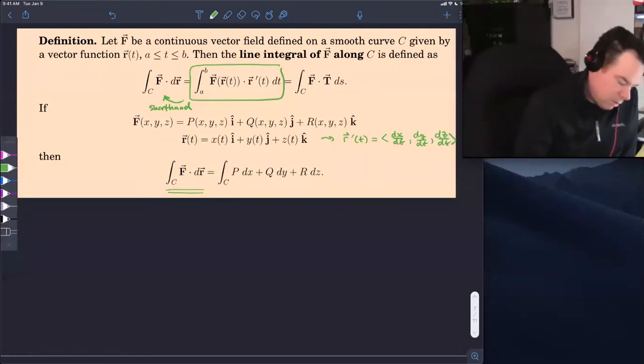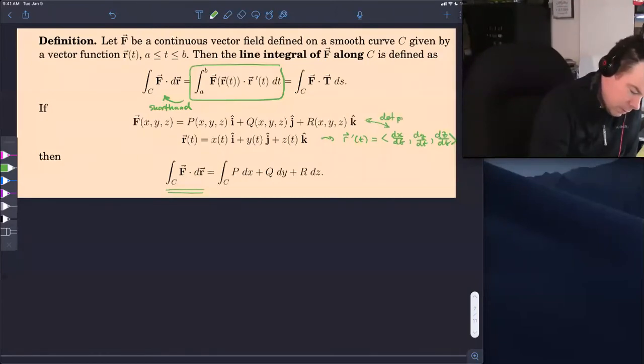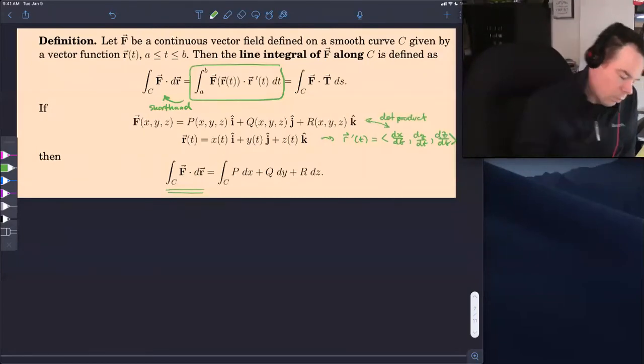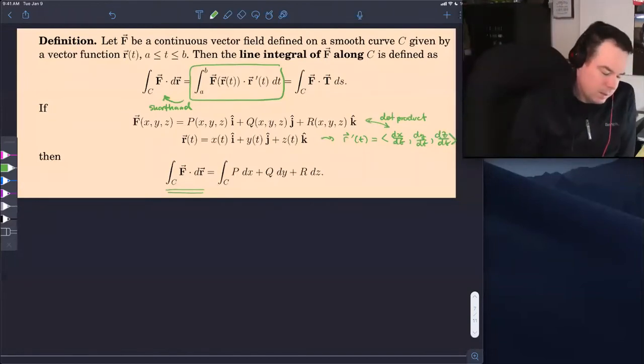So when I take the dot product of these, what I get is p times dx/dt, q times dy/dt, r times dz/dt.